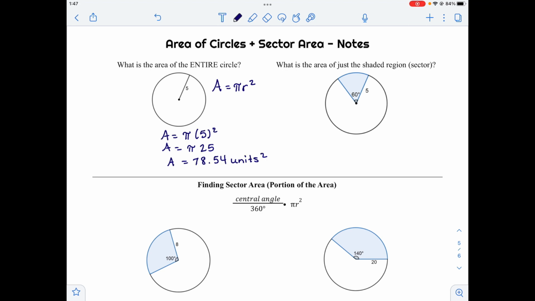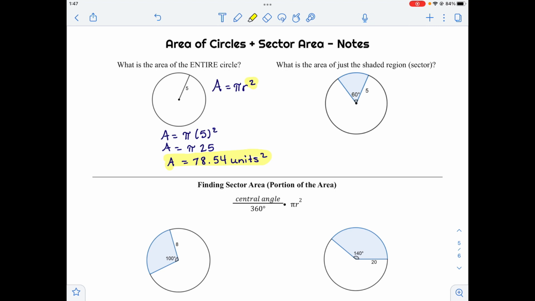So remember, when we always do area, our units are going to be squared because we're talking about two dimensionals, because we use this square in our formula. Now, to find the shaded area of the sector, we're going to use our prior knowledge with our information that we learned about with arc lengths and central angles, and we're going to find what we have.